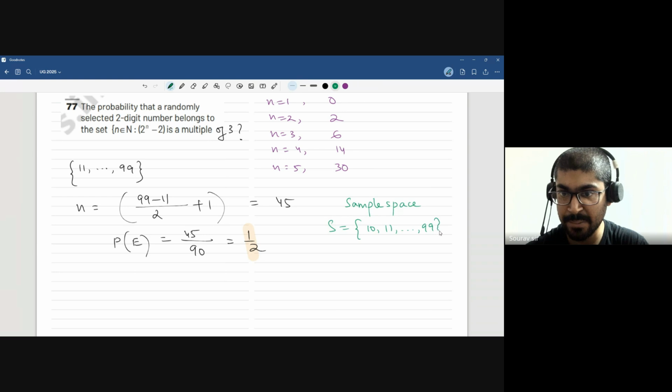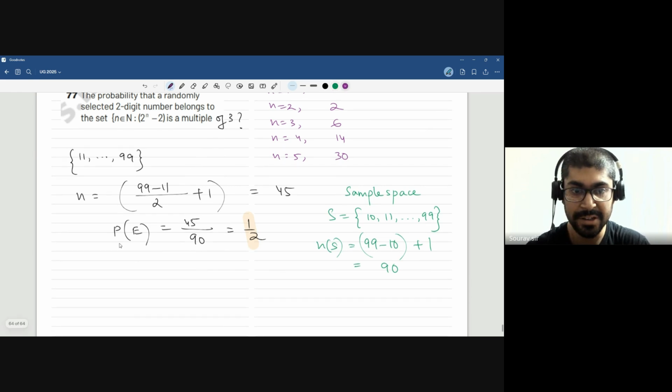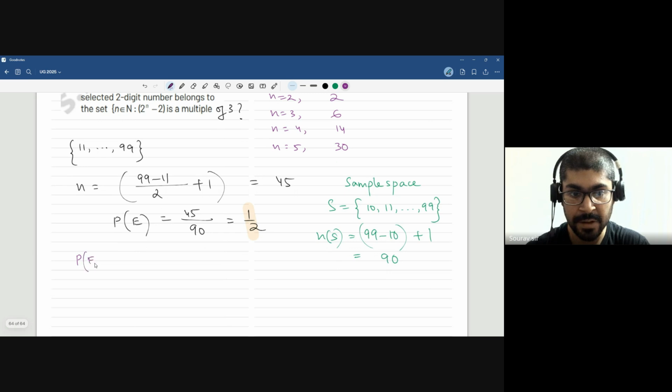So how many numbers are here? NS will be equal to 99 minus 10 plus 1, so that will make it 90. This is where you get this 90 from, right? So what was the probability? The probability of E would be NE by NS, and that is how you get half.